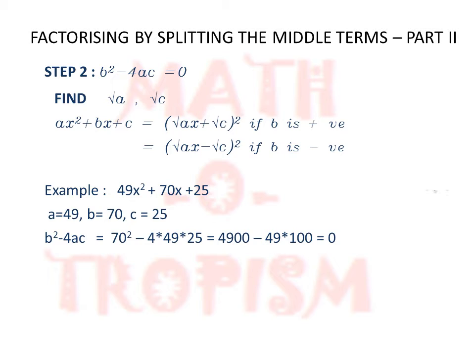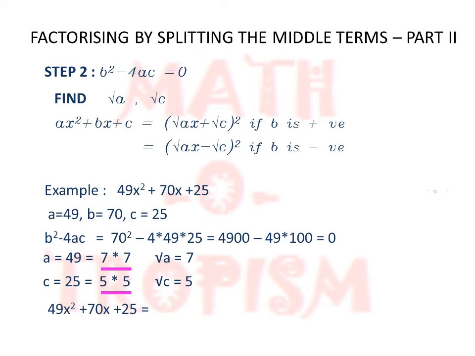Now it means I need to just find root a and root c. So a is 49 means 2 7s. So a pair of 7 is there. So it means root a is 7. Similarly, c is 25. A pair of 5 is there because 5 into 5 is giving me 25. So root c is 5.